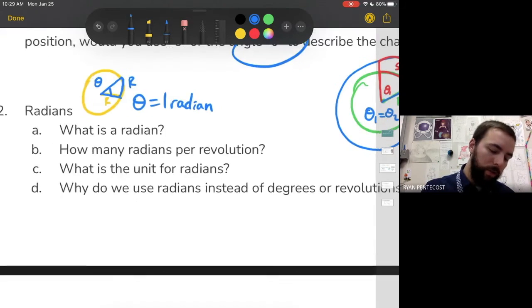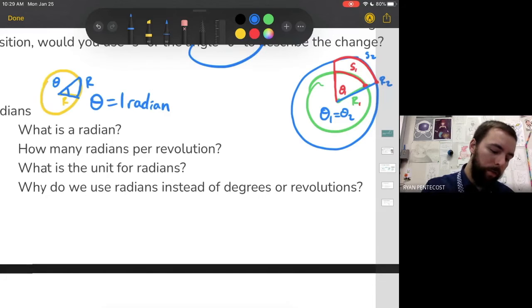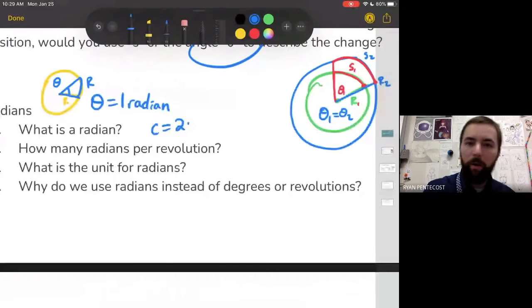So we can actually show how many you've got in one circle. The circumference of every circle is 2 pi r. But if 1 radian uses 1 radius as an arc length, let's divide the circumference by the arc length.